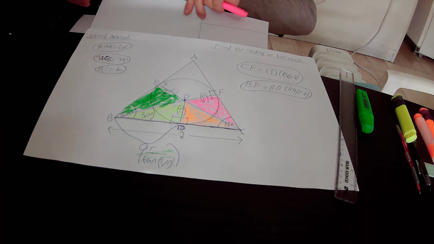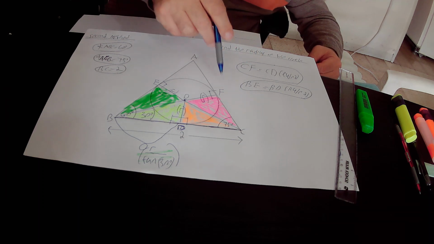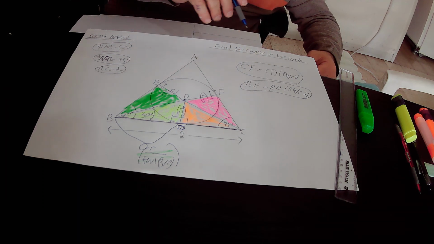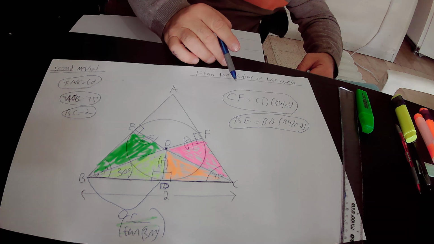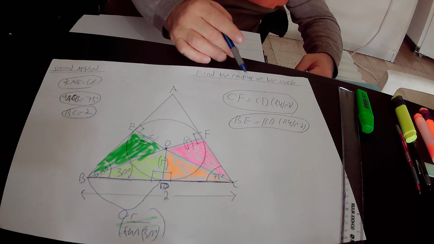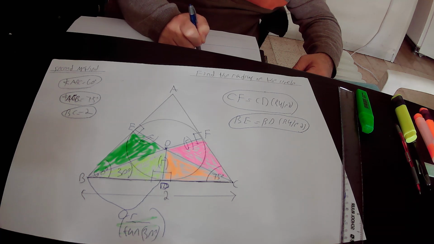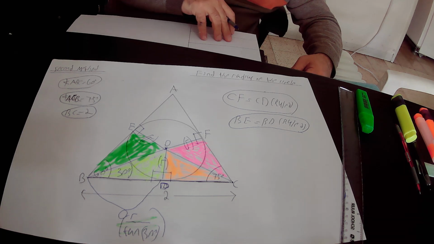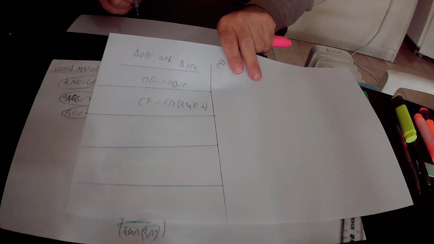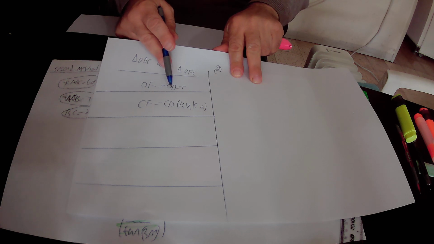In addition, CF equals CD according to rule number 2. Again, here CF equals CD according to rule number 2.